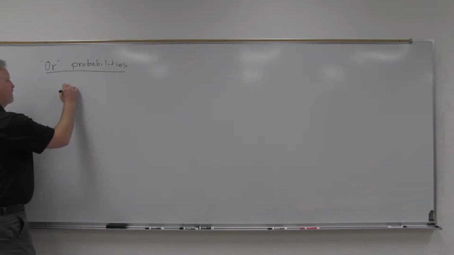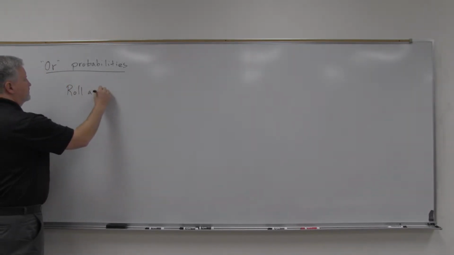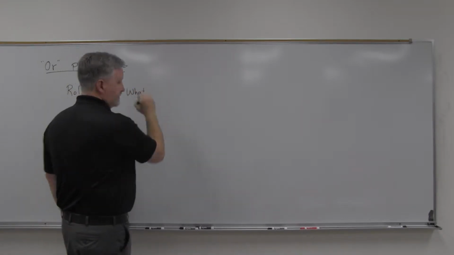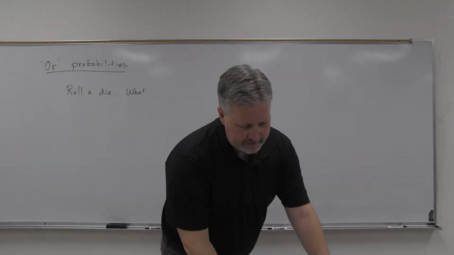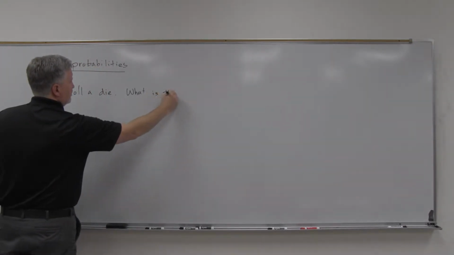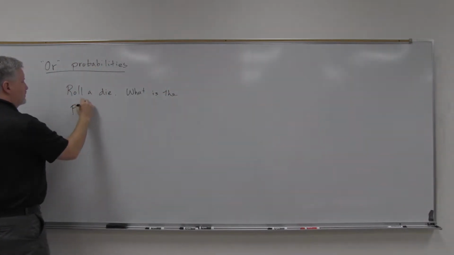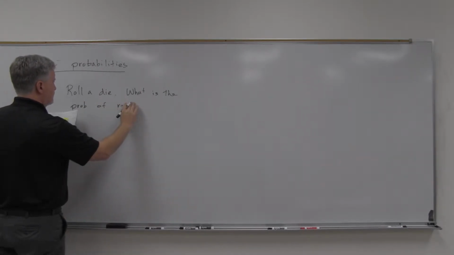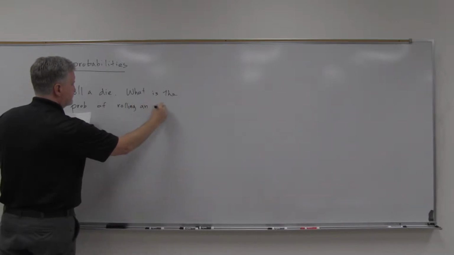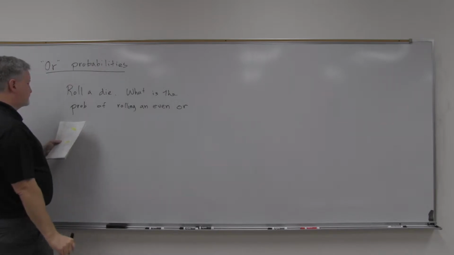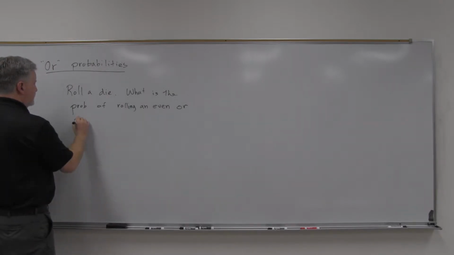All right, so let's say we roll a die, and we want to know what is the probability of rolling an even number or a number greater than 2.